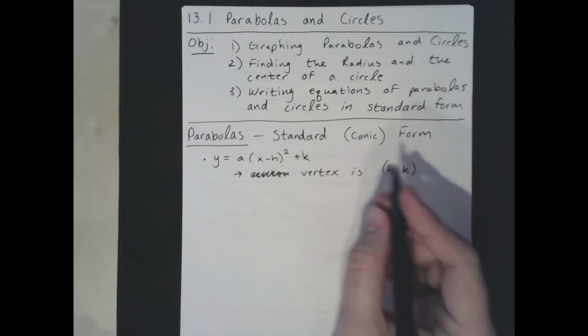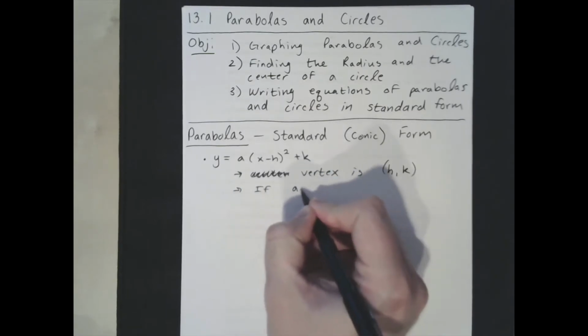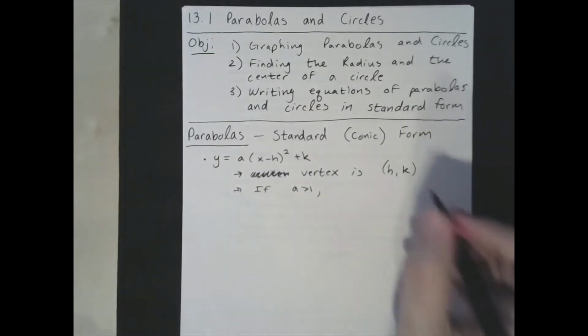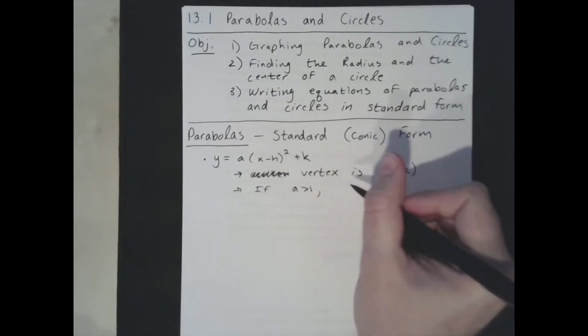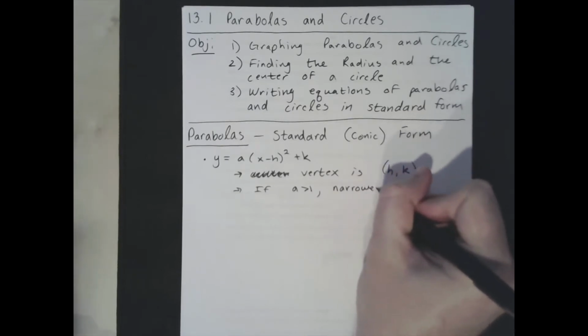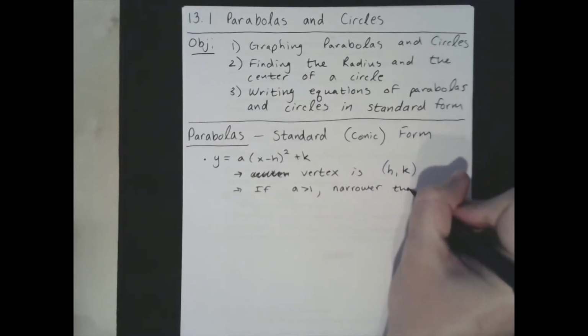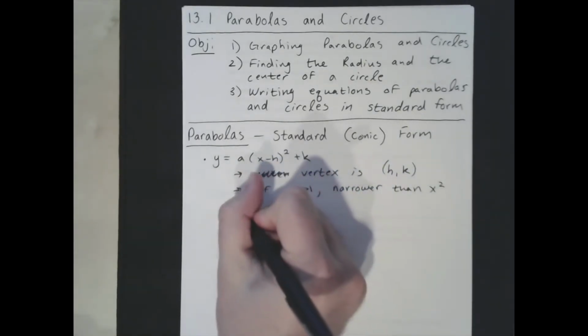And if the absolute value of a is greater than 1, then we have a narrower parabola, narrower than x squared. Remember, we're always judging it off of x squared.